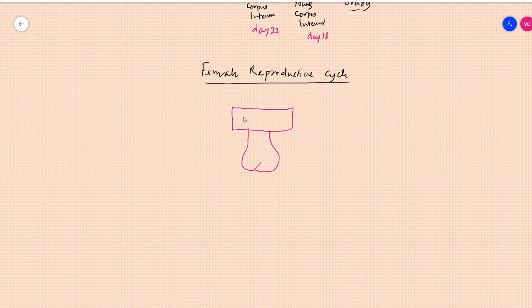So we have got the hypothalamus here, and we have the anterior pituitary, and anterior pituitary secretes the gonadotropins, FSH and LH.